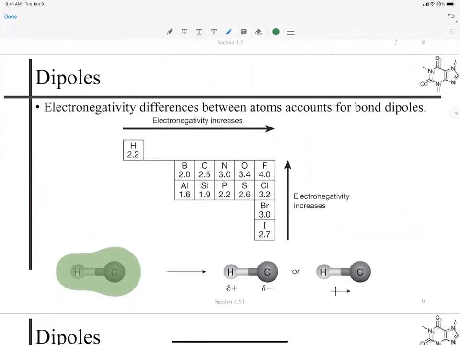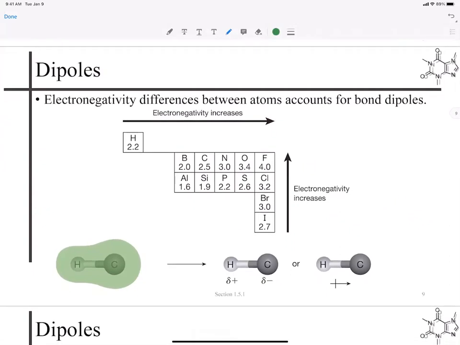Another concept to look at here is this idea of dipoles, and dipoles are nothing more than electronegativity difference between different atoms, bonded atoms essentially. So what we have here is a very small number of elements.